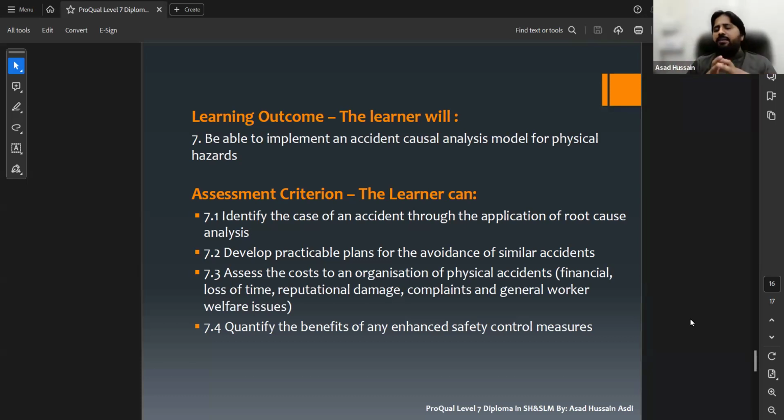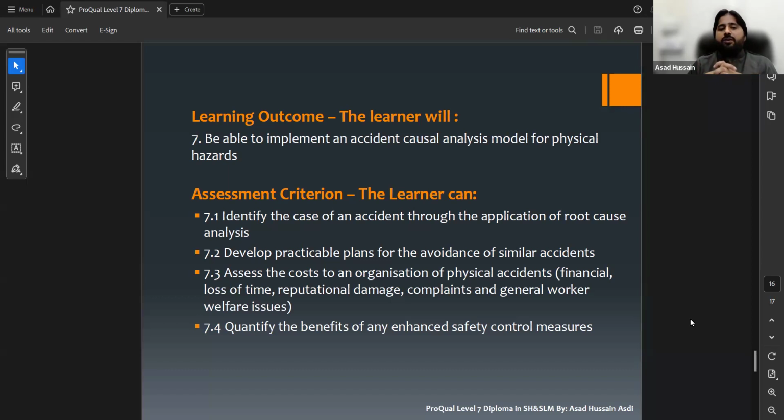Like the same reasons, moral, legal, financial, you have to assess the cost. After an investigation, there should be some type of costing, showing how your organization is damaged, or what costs are liable after a physical accident, which can be used as evidence here.